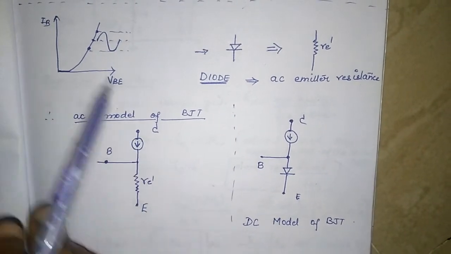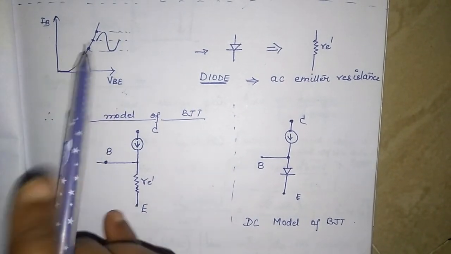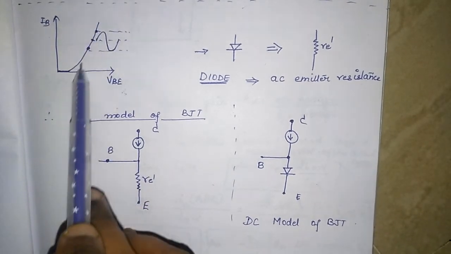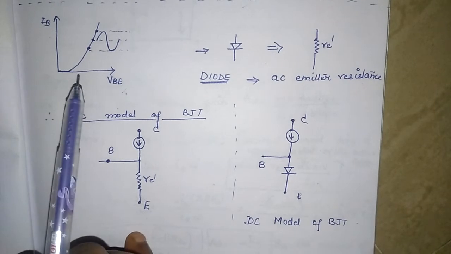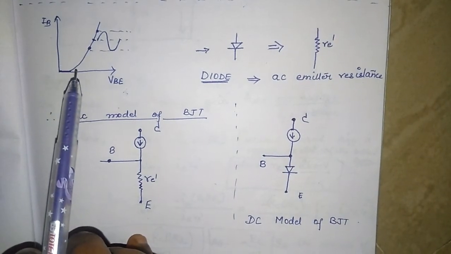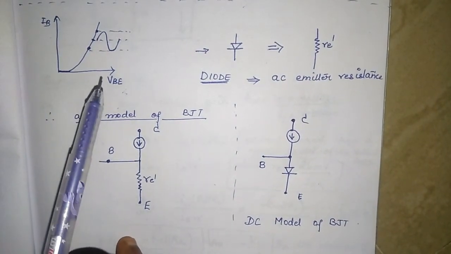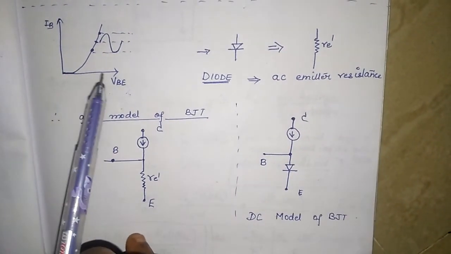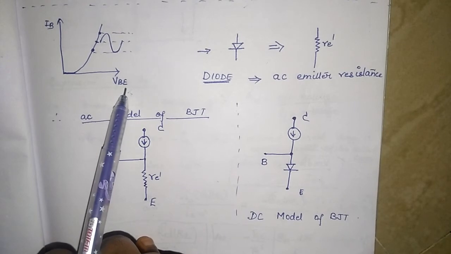This is your input characteristics, the forward characteristics of a diode, yes or no? We know that an amplifier increases the strength of a weak signal. Where do you apply the input to a CE amplifier? It is between the base and emitter.